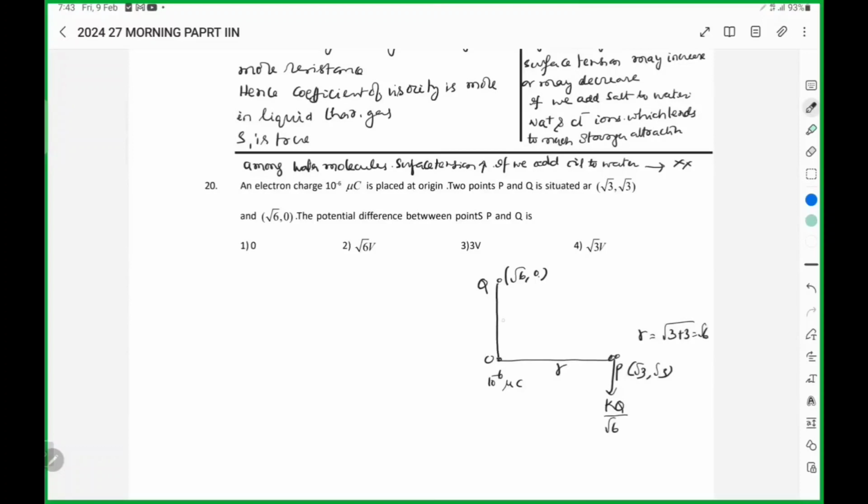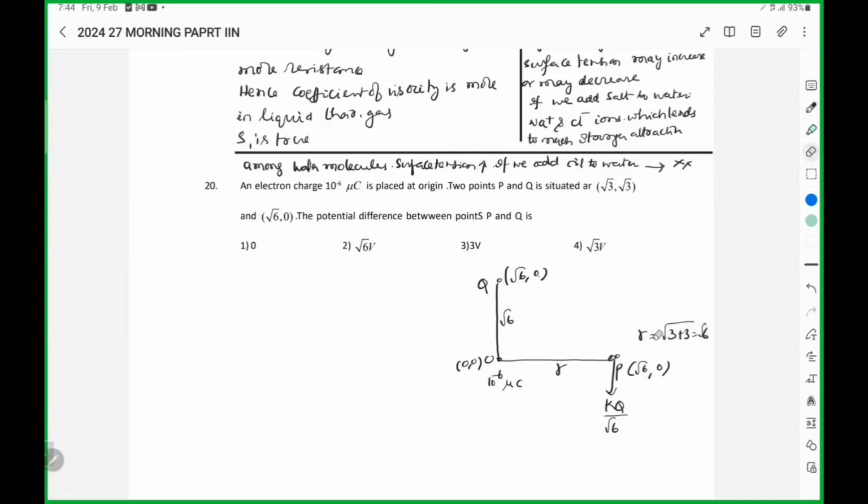So at this point also it is root 6 because it is the origin.